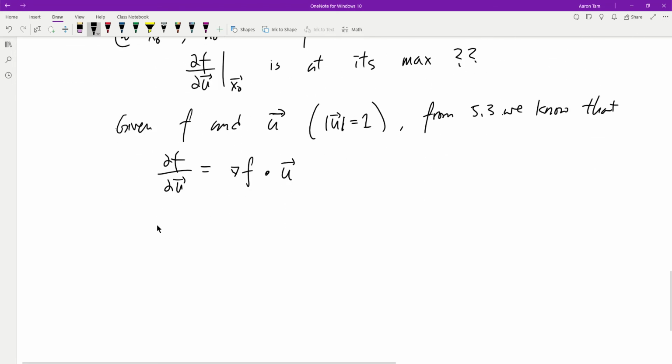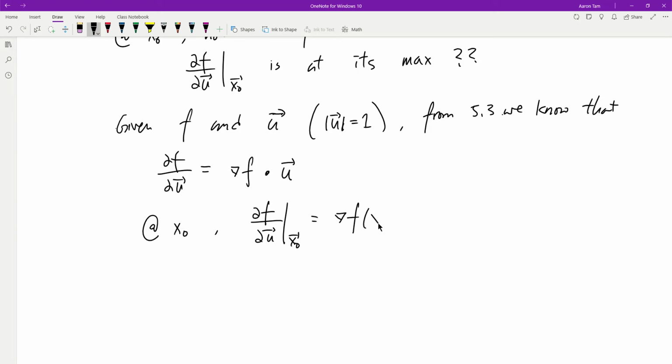Therefore, at a specific location x sub 0, df over d vector u at x sub 0 will be equal to the gradient of f at x sub 0 dot product vector u. Now notice the function f is fixed, x sub 0 is fixed. The only thing that is changing is basically vector u. So this is technically our variable.